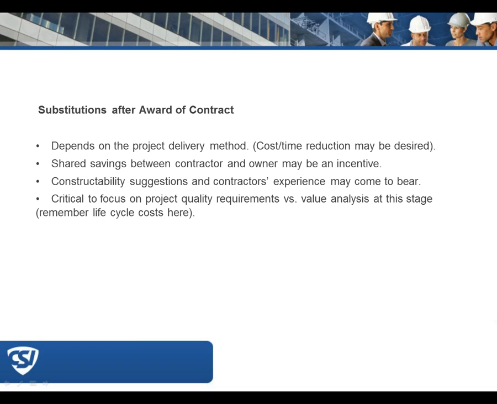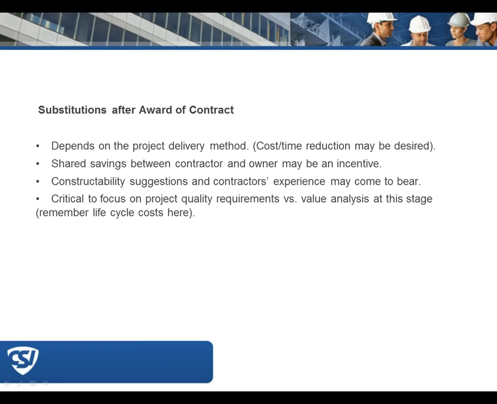It may be that it's going to take less time to put it in, so you save on labor. But constructability may be a reason for accepting a substitution where there's no dollars involved. Time could be another one. There's probably others out there that I just can't think of at the current time.